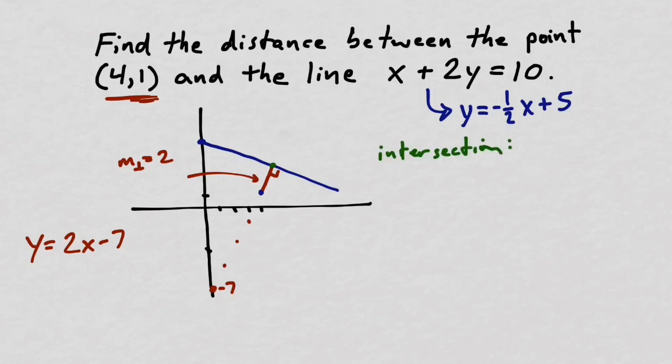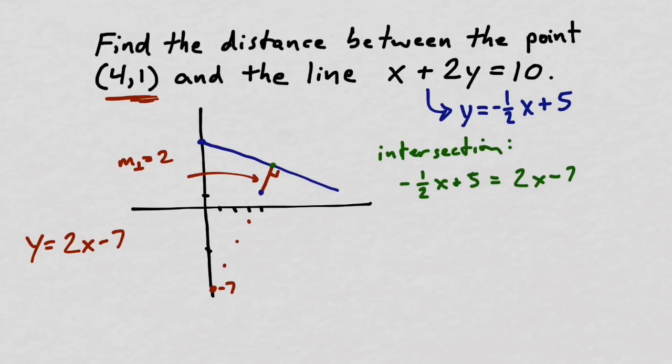So the intersection point is going to come from solving the equation -1/2 x + 5 = 2x - 7. The right-hand side here comes from our perpendicular line. The left-hand side comes from the original line. So we can solve that.